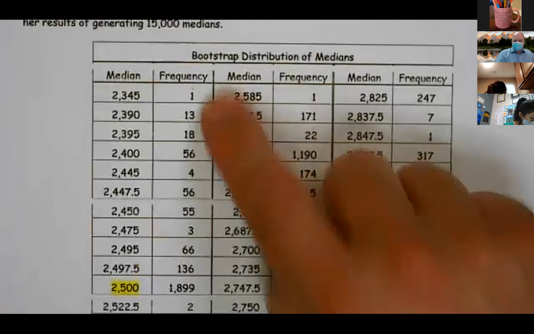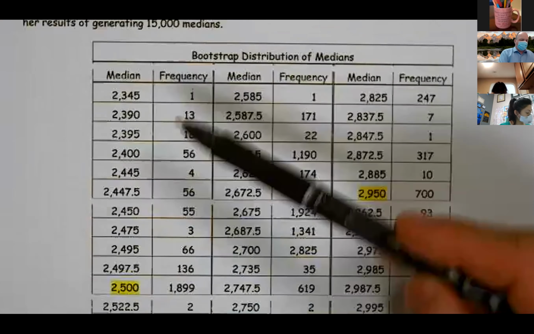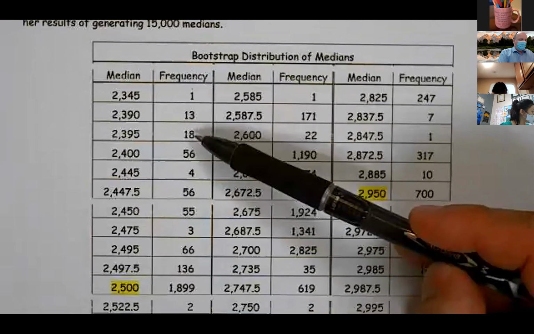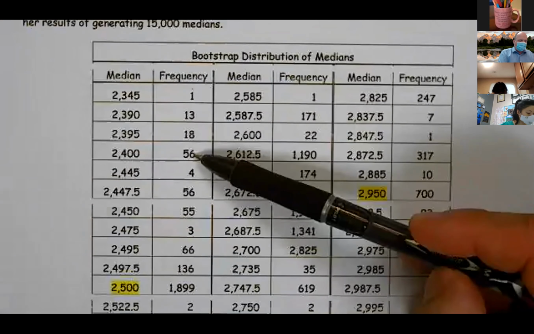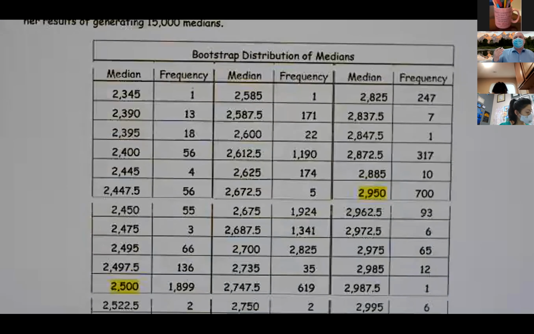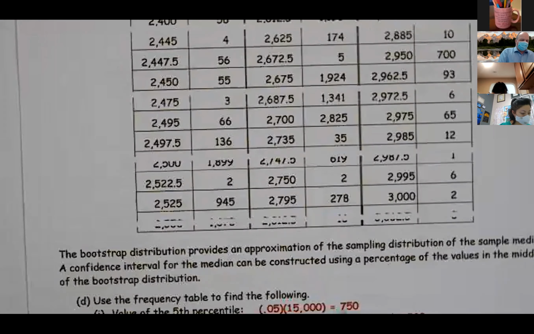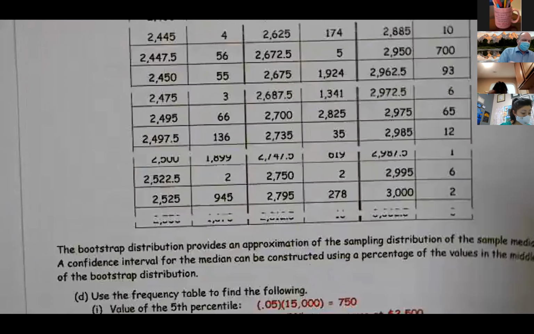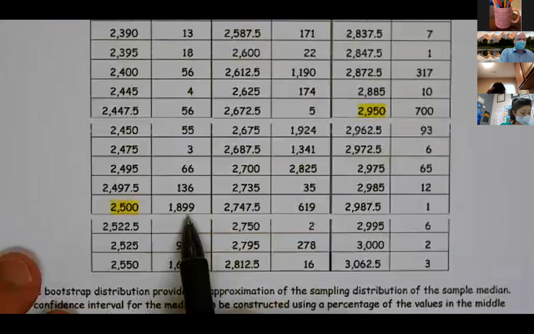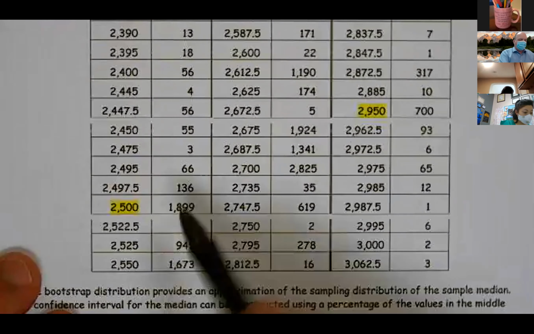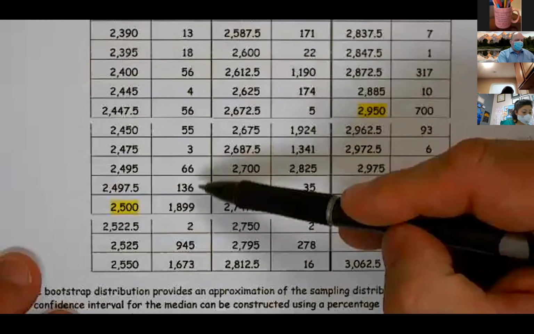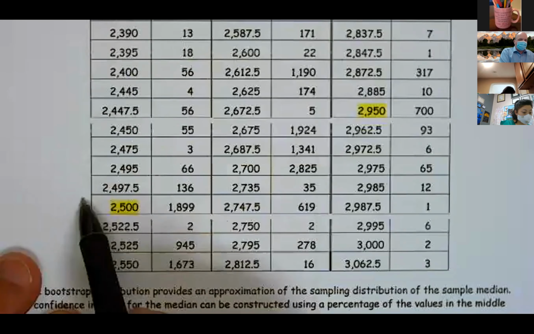And then I start adding. 1 plus 13 is 14. Then I add 18, and I keep adding until I get a value that includes 750. Well, that happens right here. And you're like, wait a second, that goes way over 750. Yes, it does. But when I add all these values up to here, I don't get to it.